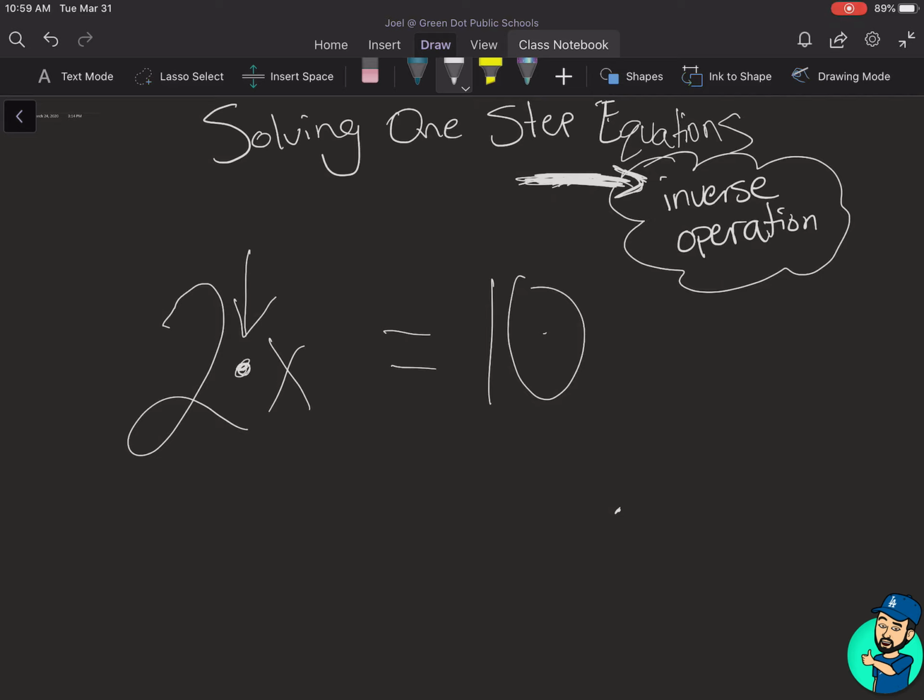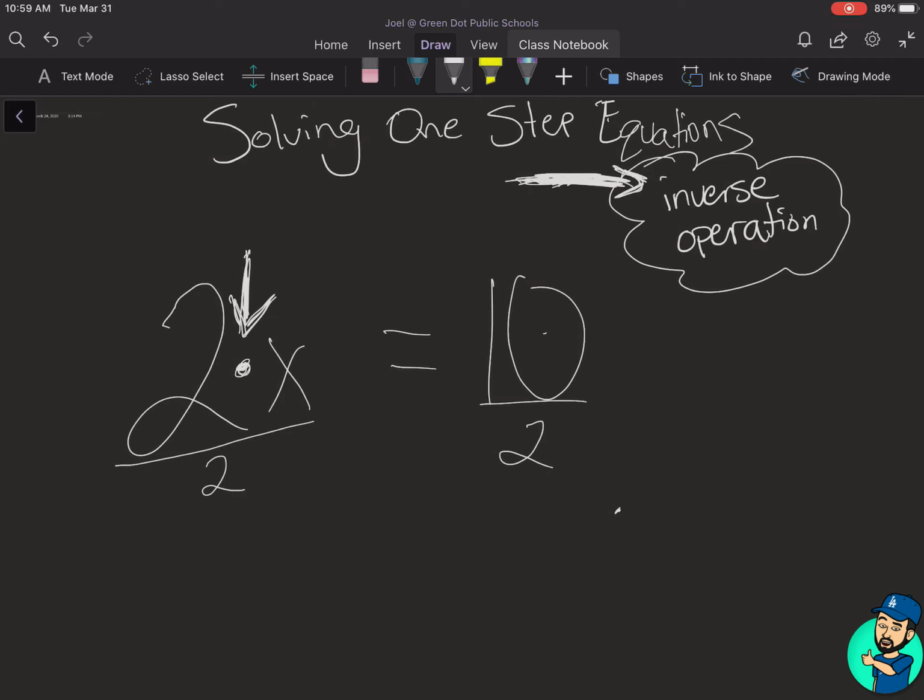Now we need to apply the inverse operation to leave x by itself. So again, what number is next to the x? The 2. What is the inverse operation of multiplication? Division. So I need to divide both sides by 2.